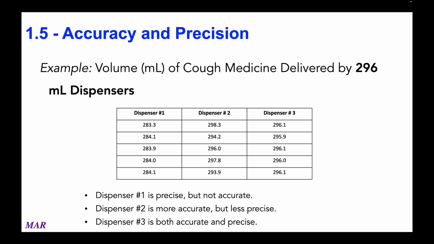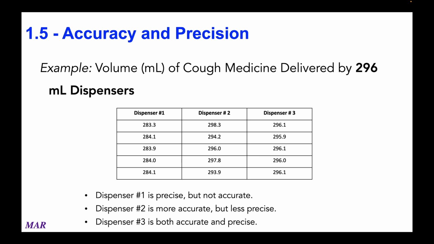So in the first one, you can see that all of those measurements in the first column were about 283, 284 milliliters. 283.3, 284.1, 283.9, etc. So all of those measurements are pretty close to each other. That would say that they're very precise. But this person maybe didn't fill it up to 296. I don't know what happened, but they aren't very accurate. All right. They got good precision, so they were paying attention, but something in their technique must have prevented them from getting the 296 values.